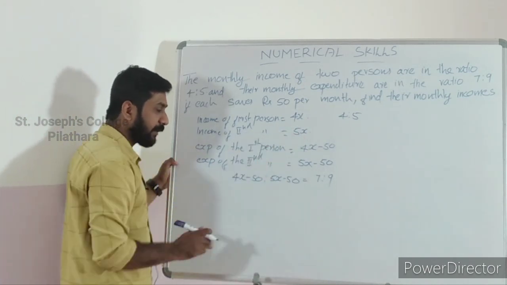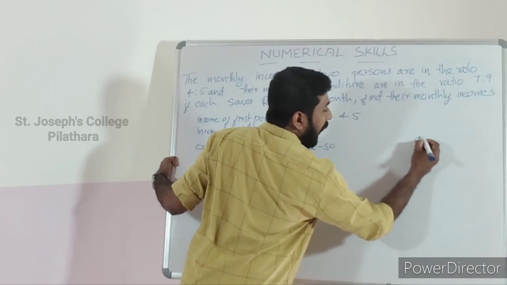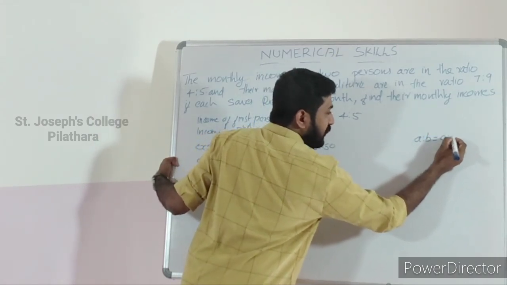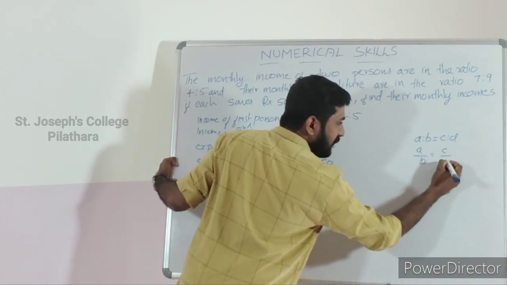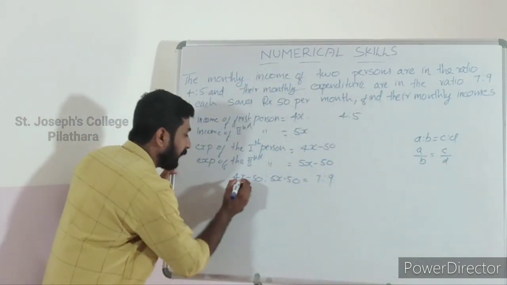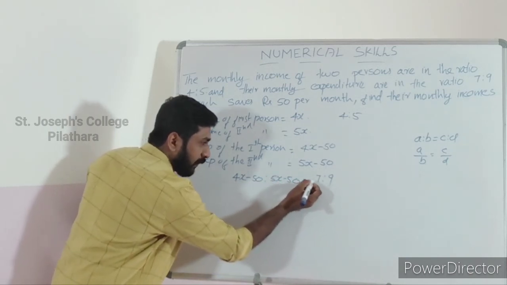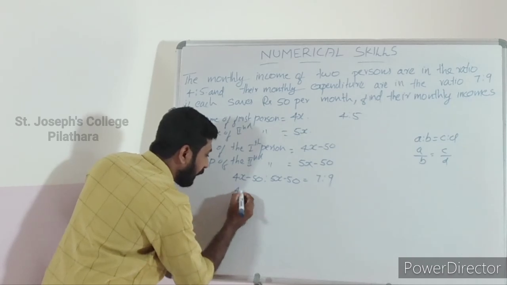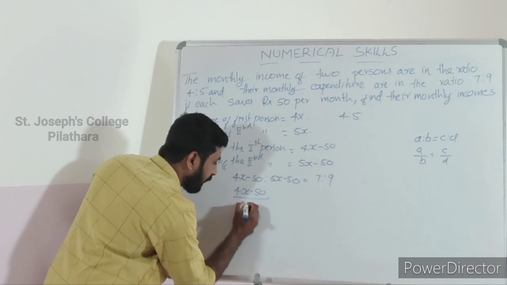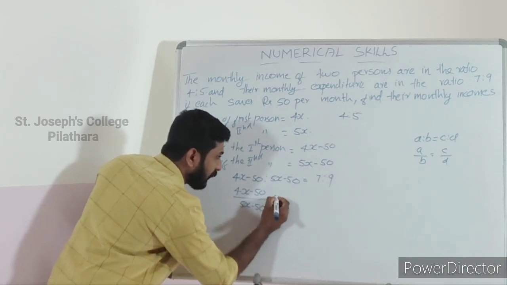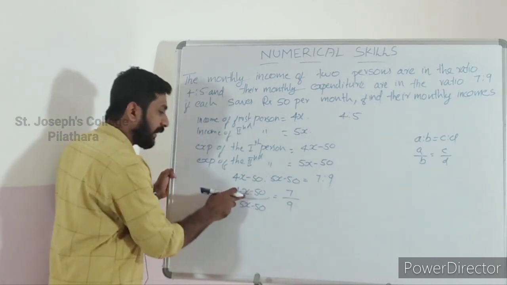From the second property explained earlier, if A is to B is equal to C is to D, we can write A by B is equal to C by D. Like that, 4x minus 50 by 5x minus 50 is equal to 7/9.